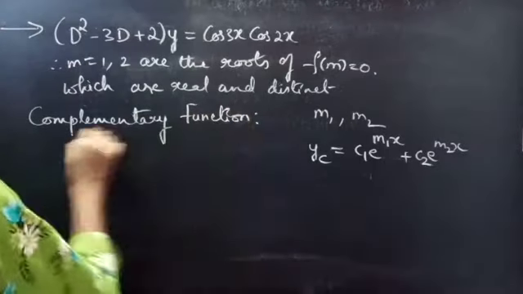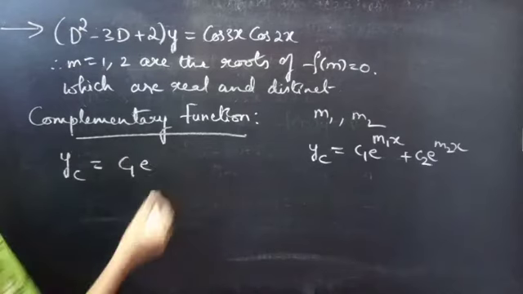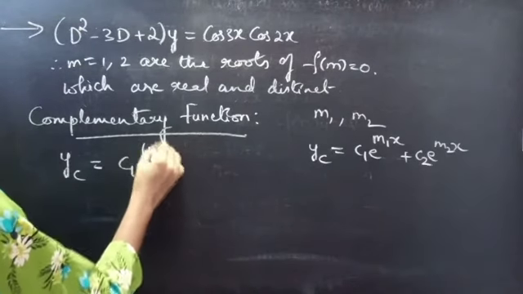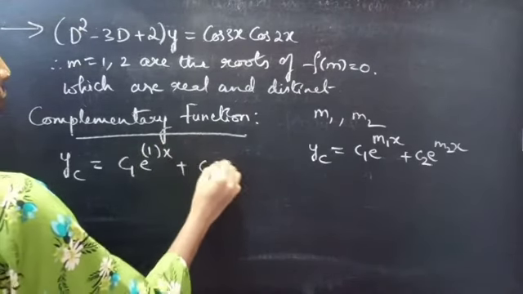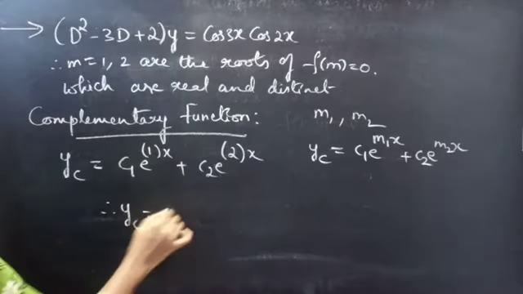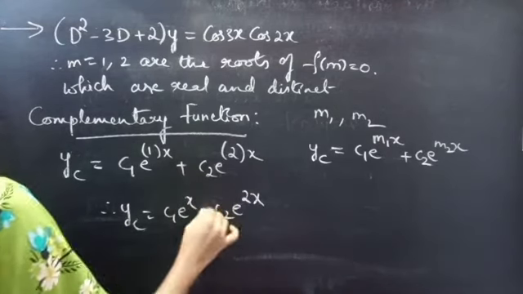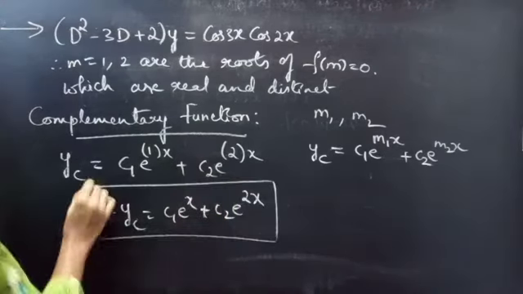Now let's write our complementary function. y = c1 e^x + c2 e^(2x) is the complementary function.